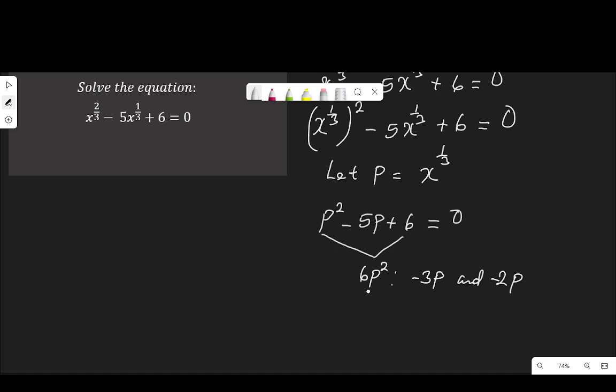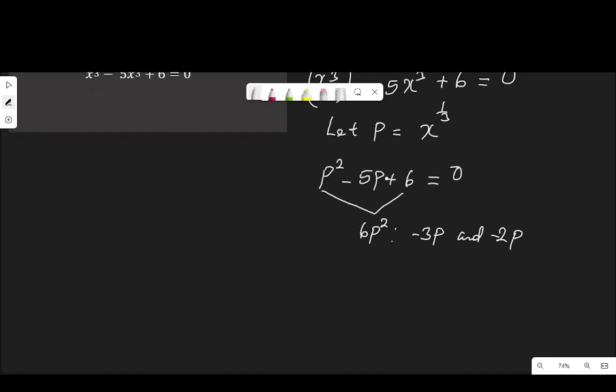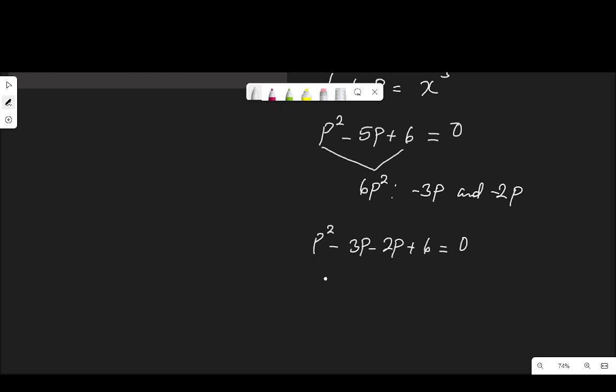So once I have the factors, I'm going to replace the middle term with them, so that the equation becomes p squared minus 3p minus 2p plus 6 equal to 0. Now to factorize this, I'll group it 2 by 2.